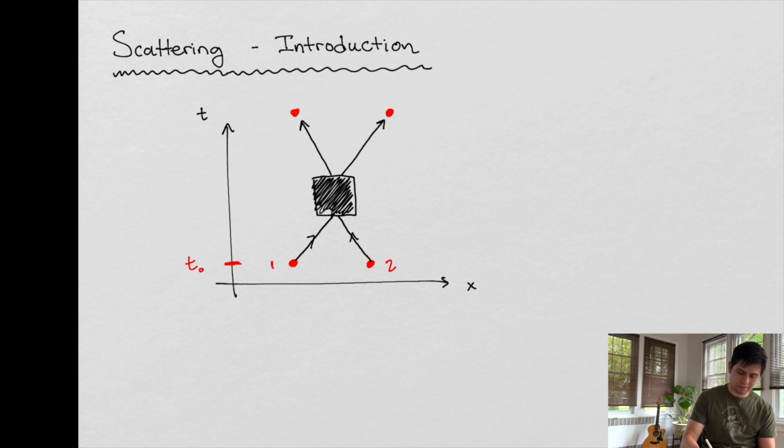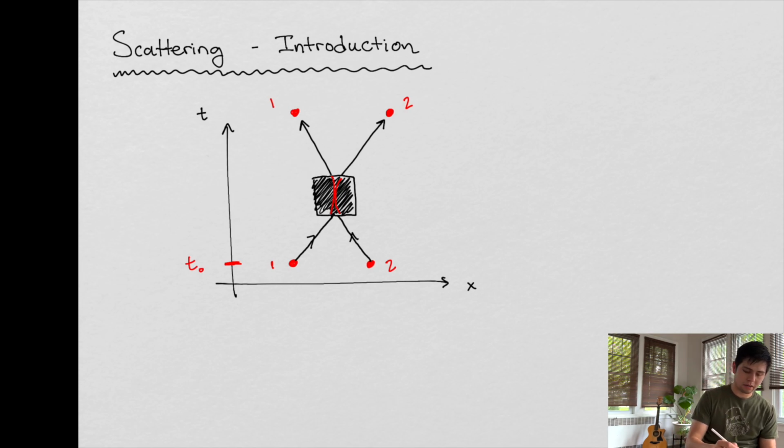If it was two billiard balls, the diagram inside the black box might look something like this, where they physically bounce off one another. So this is situation 1.